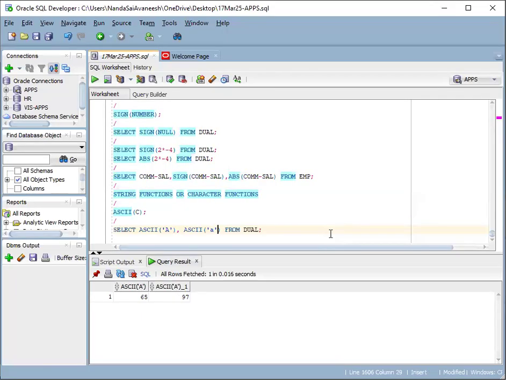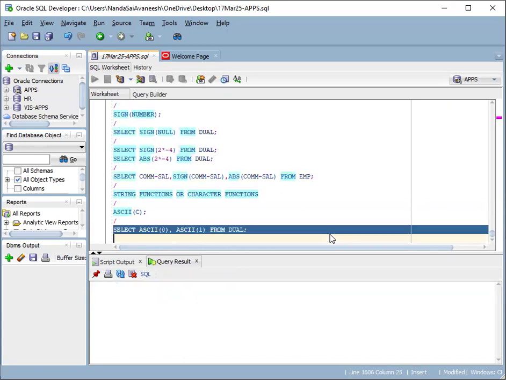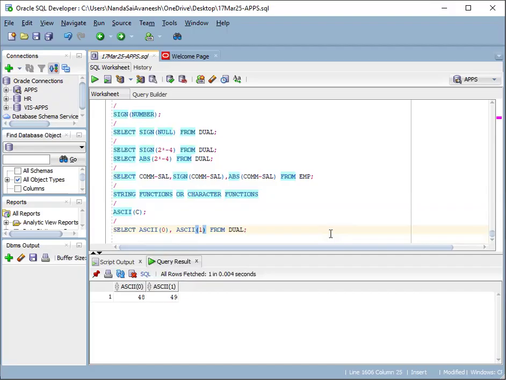So like this, these values change based on the input value. Suppose ASCII of 0, and this is 1. That is 48 and 49. If I remove the single quotes for these numbers, then also it gives the same.